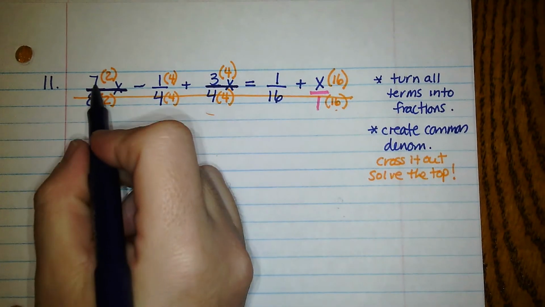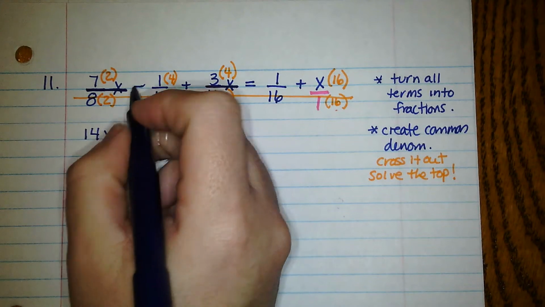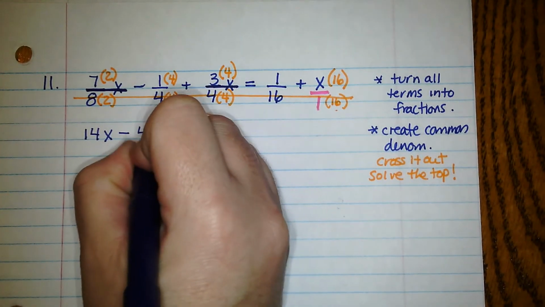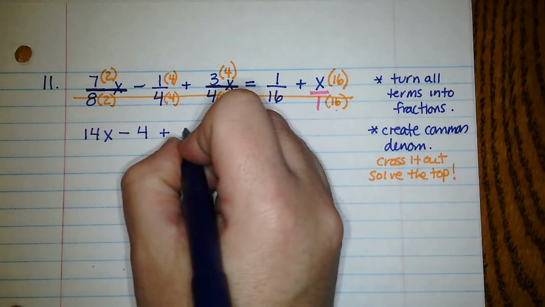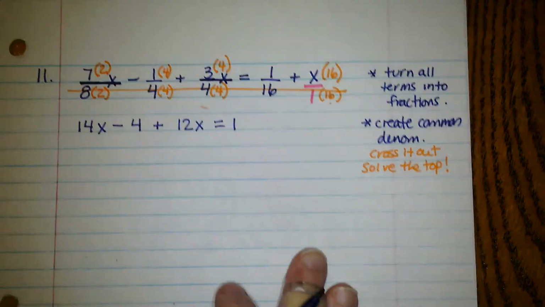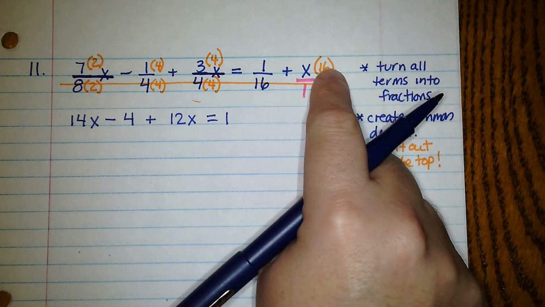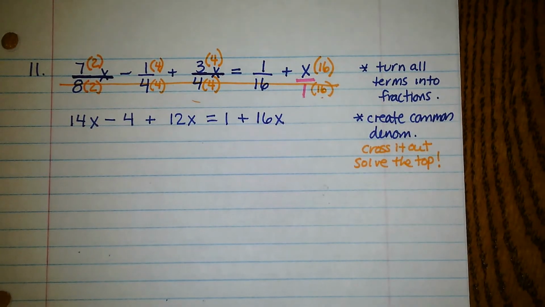So this is going to be 7 times 2x, which is 14x, minus 1 times 4, which is 4, plus 3 times 4 is 12x, equal sign. 1, nothing happened there, just 1. And this is x times 16, which is 16x. When you multiply a variable times a number, make sure the number goes in the front. There we go. So now we have a normal, a little bit large, but a normal equation for us to solve.